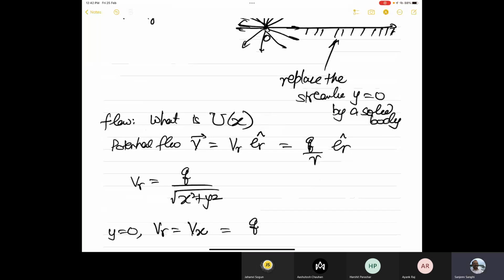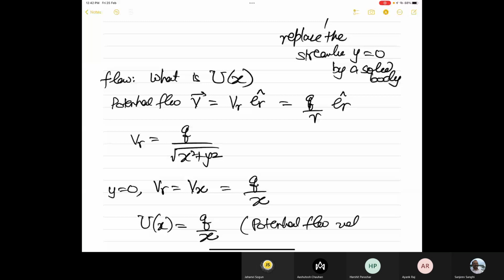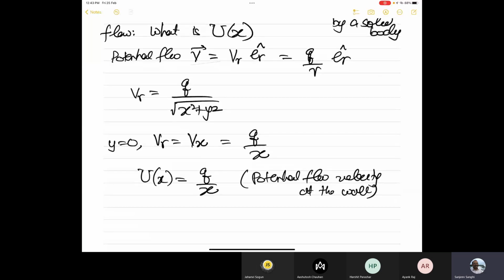Now, can anyone tell me what is capital U of x for this potential flow? So Q by x. It is the same thing. What we have found is that this is the potential flow velocity at the wall. So in this flow, capital U of x is equal to Q by x, and it is not equal to a constant.